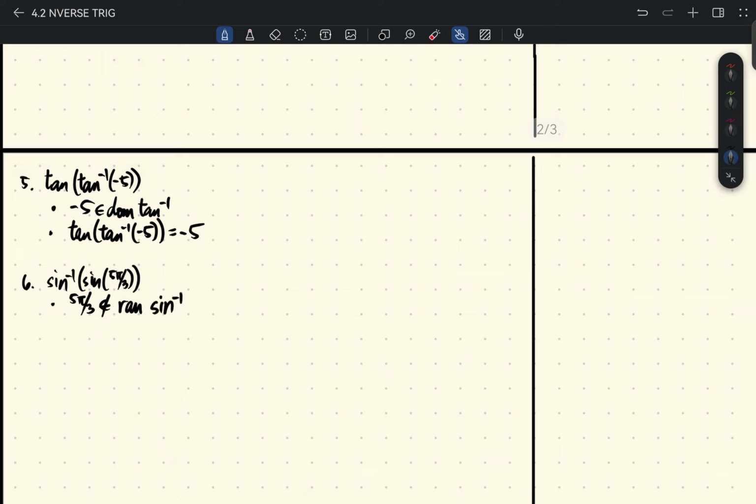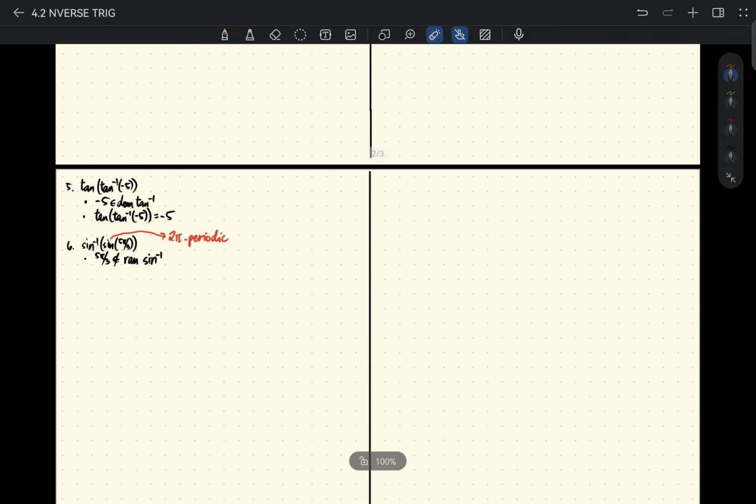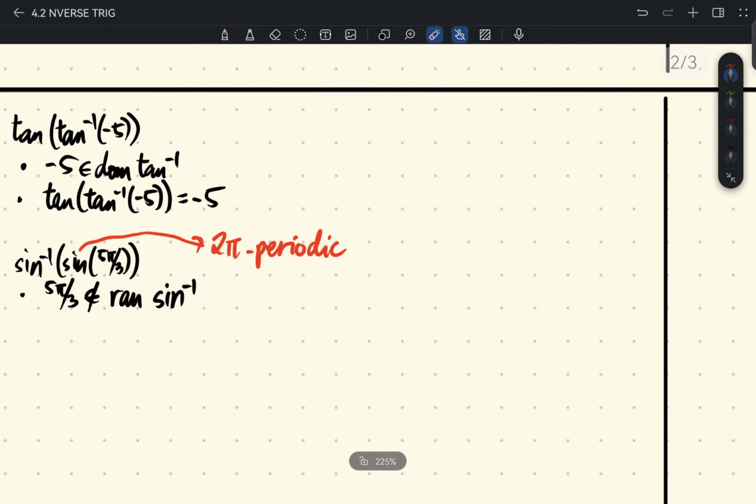However, what do we know? We know that your sine function is 2 pi periodic. So that means if we adjust the number inside here by multiples of 2 pi, the value of sine of this will not be affected. So what can we do?